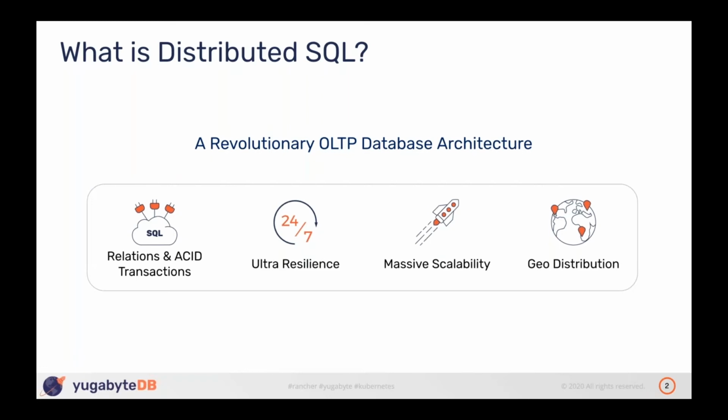This aspect of horizontal write scalability is an unheard of concept in SQL databases like Postgres, MySQL, Oracle, SQL Server, and so on. But the new distributed SQL architecture allows this sort of massive scalability. You can expand and contract your clusters at will.